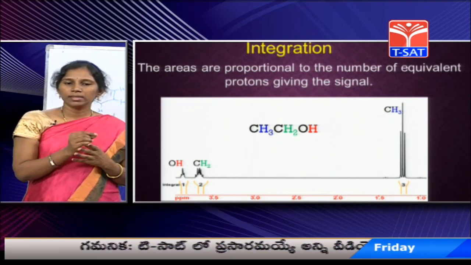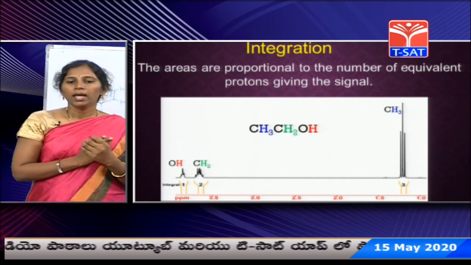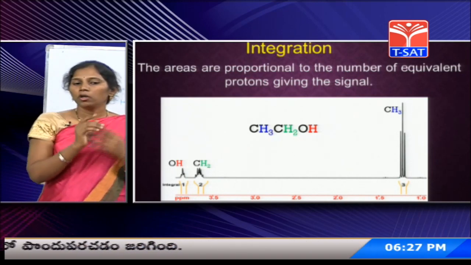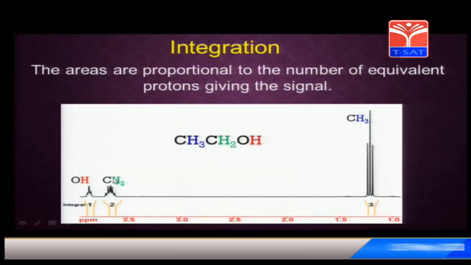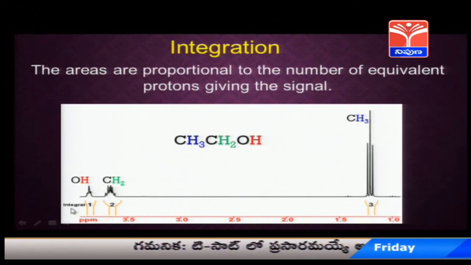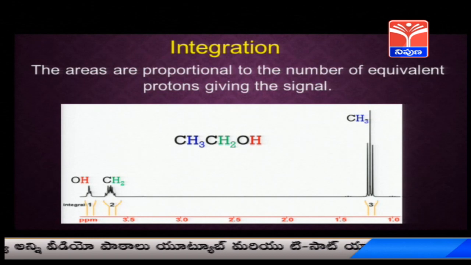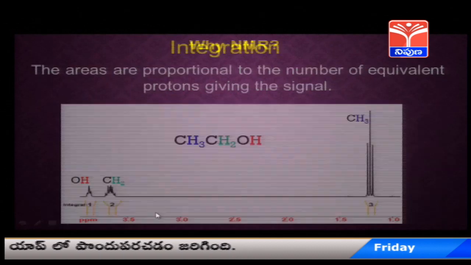The 3 signals are split according to the spin multiplicity, and if you measure the areas of these 3 peaks, look at the slide, the OH has an integration value of 1 and CH2 has an integration value of 2, and the methyl protons appear as a triplet in the NMR spectrum with the integral value 3. Like that, from the integral values also we can get further information for the determination of structure of the molecules.